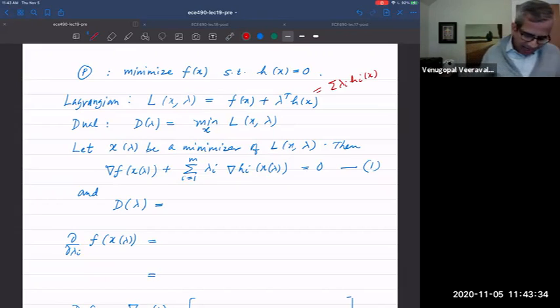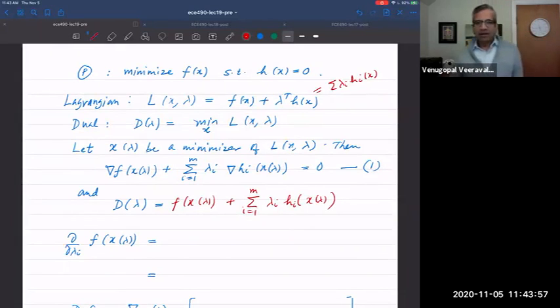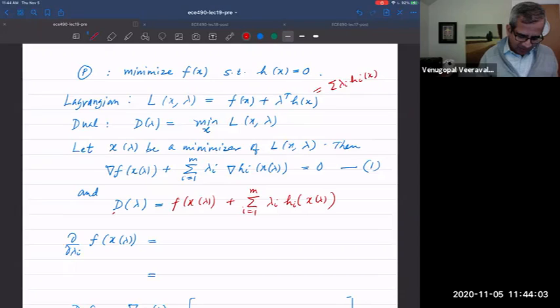So if x(lambda) is a minimizer, then d(lambda) is f(x(lambda)) plus the summation from i equals 1 to m. Now let's assume for now that d(lambda) is also continuously differentiable.